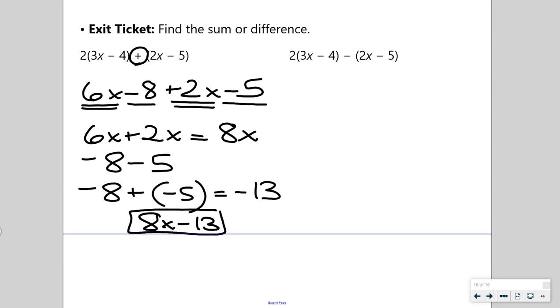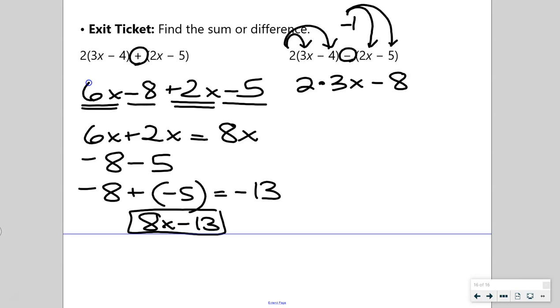And we go over here, and we look right here. Remember this, it's like a negative 1 here, and we're distributing it to both the 2x and the negative 5. And so we end up with negative 2x, and we end up with a positive 5.